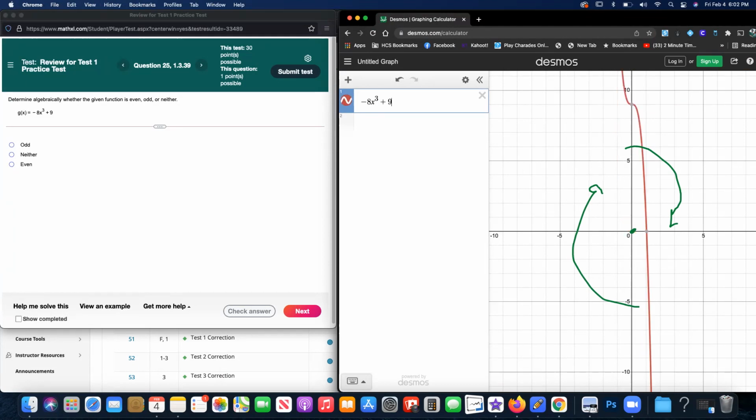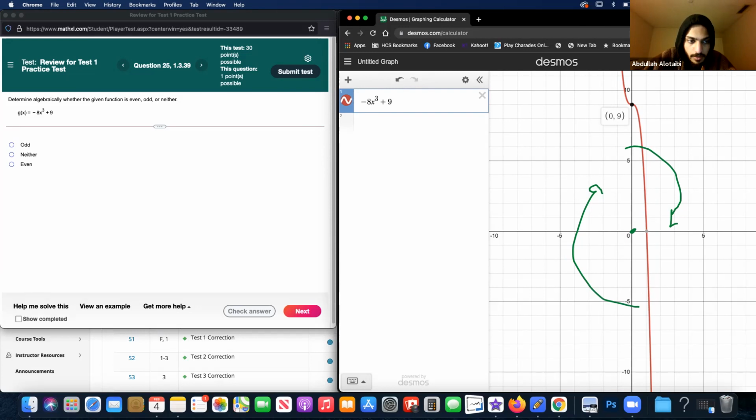Well, is that still true? Well, no. Because if I go about the origin, it's not going to really do anything. I'd have to rotate about this point and not about the origin. So that's why it's neither, graphically.